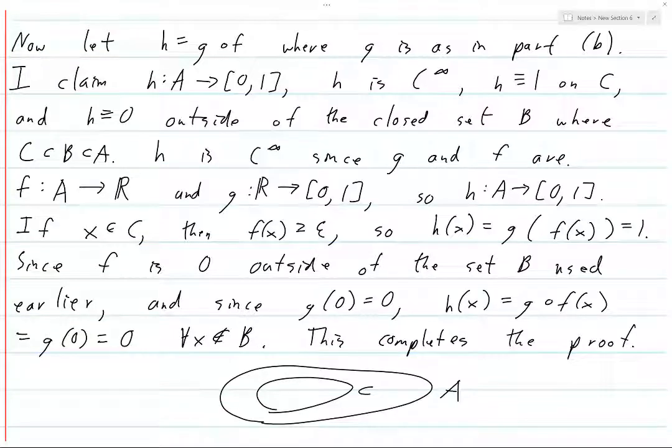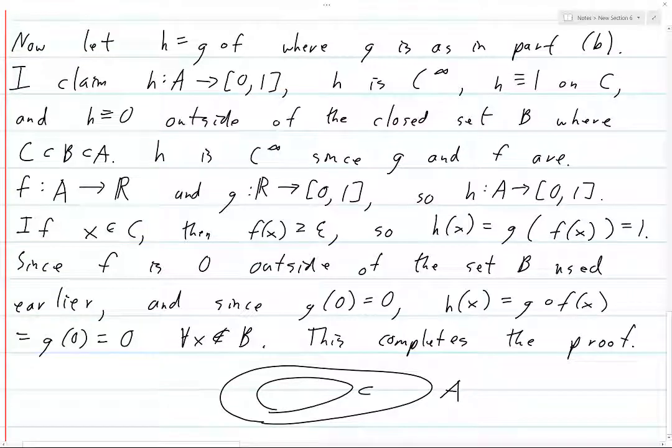It has really nice properties. And this function is 0 outside of the set A. Then in the region between A and C, this function starts to increase from 0 all the way up to 1. And when you get to C, the function evaluates to 1 in the entire region of C.